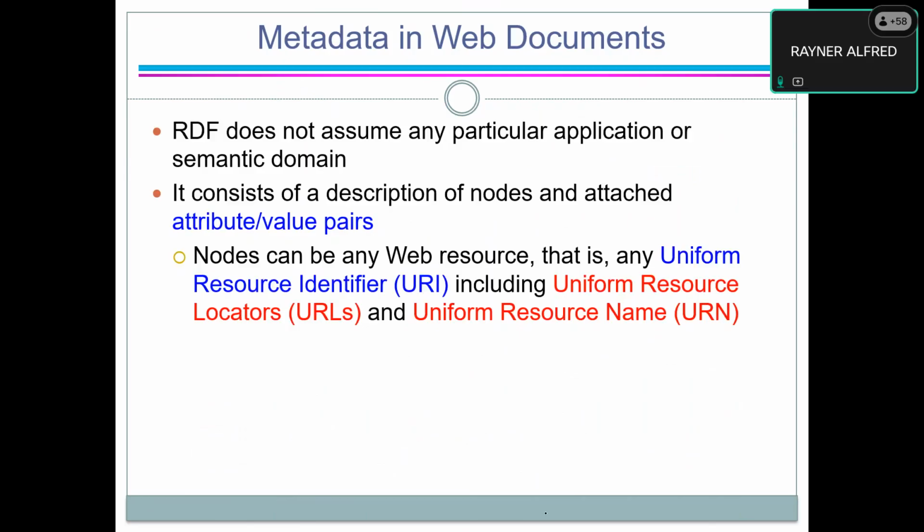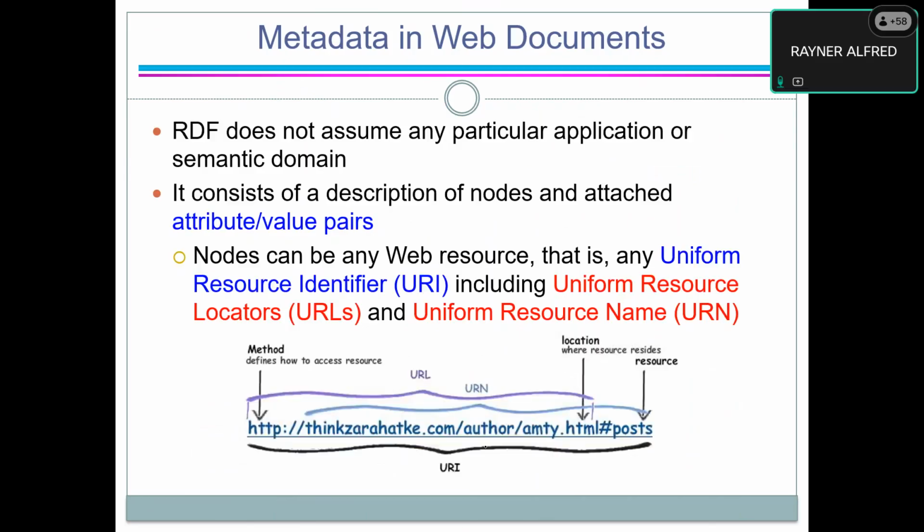For example, based on this URL, we can get what method is used to retrieve, and also we have the location where the resource resides. So up to here, and then this is the resource. Okay, so this one will give you the resource.